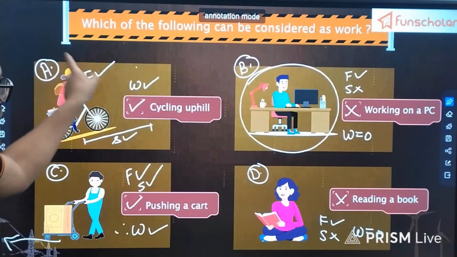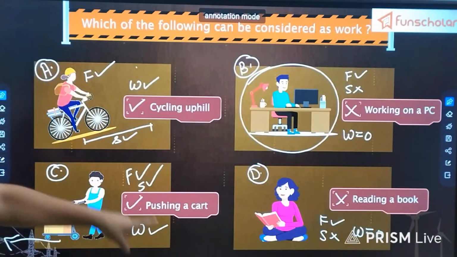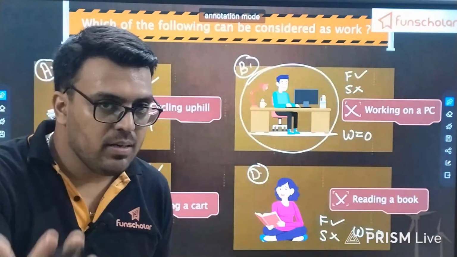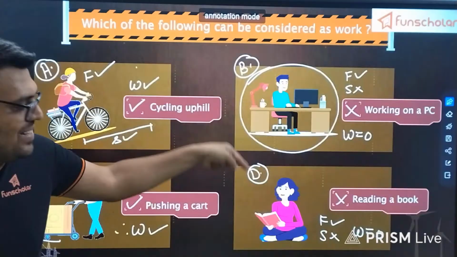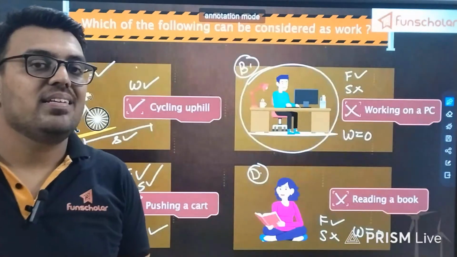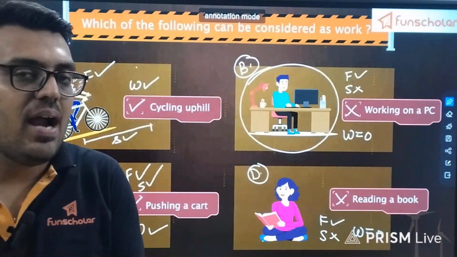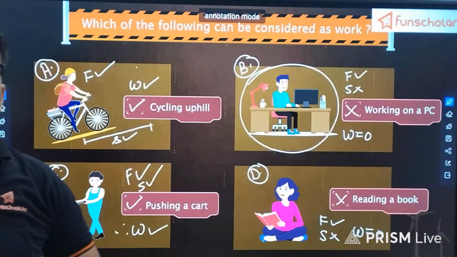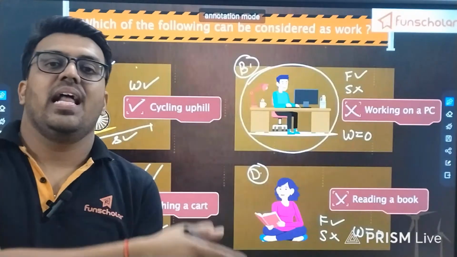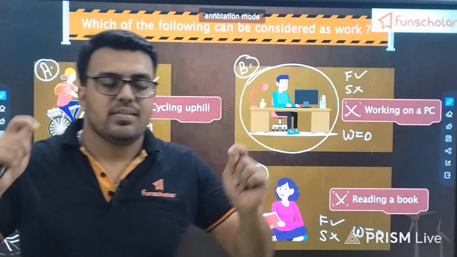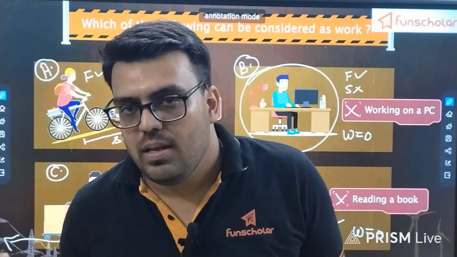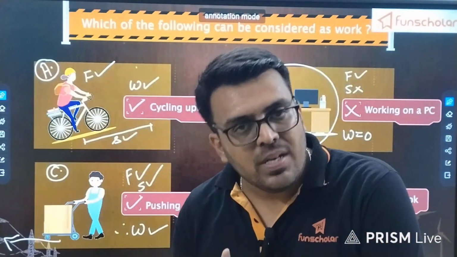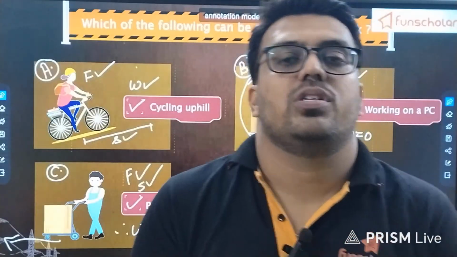So here in cases A, B, C and D, cases A and C show that work is getting done, and cases B and D represent the absence of work, which means there is no work done in cases B and D, while there is work done in cases A and C. This helps us revise: work is said to be done only when the force applied on the object produces a displacement in the direction of force.